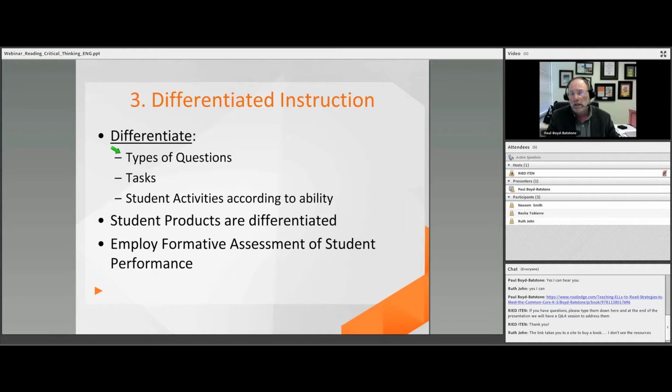A student who's at level 1 is not going to be able to provide a rich narrative of what they're talking about. So maybe the questions I should ask should be more either-or types of questions. Either-or questions embed the answer. For example, is this rock from Mars or is it from Earth? Do you hear how the answer is embedded in the question and the student can say from Mars?